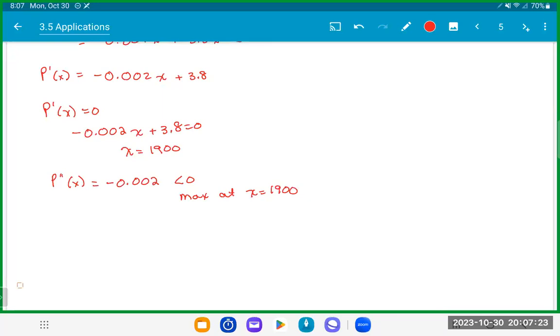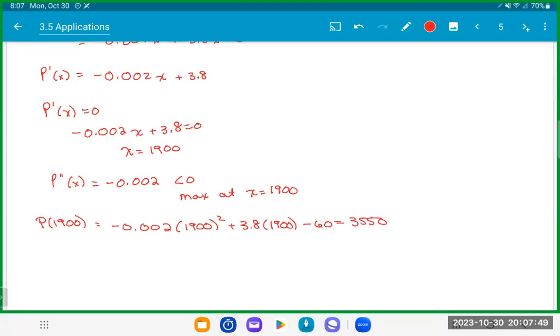Okay, so we'll plug our p of 1900 back into our original equation, and we get negative 0.001 times 1900 squared plus 3.8 times 1900 minus 60, and that equals 3550.